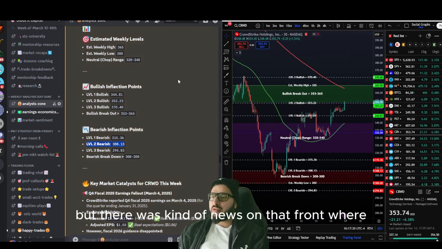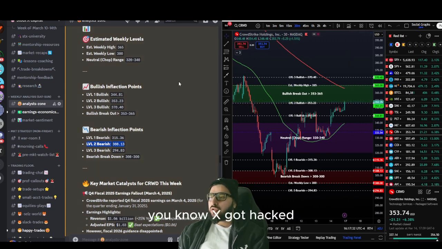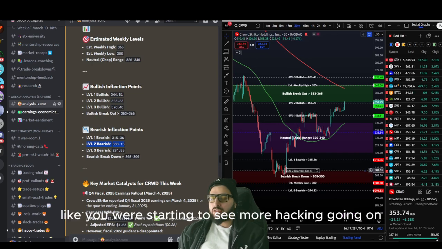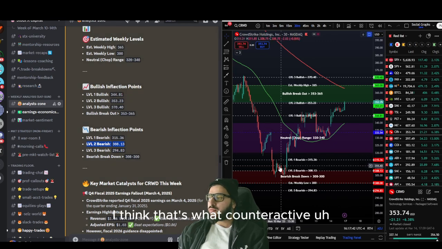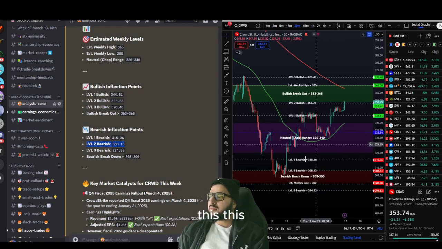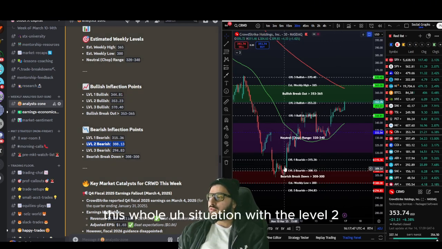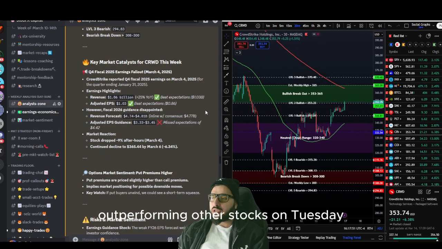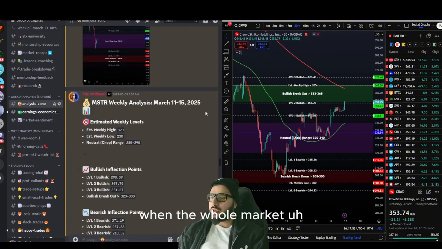But there was news on that front where X got hacked. So I think once that had happened around here, you were starting to see more hacking going on. A lot of stuff was happening. I think that's what counteracted this whole situation with the level 2 and caused a lot of strength in the stock, because it was outperforming other stocks on Tuesday when the whole market was weak here.